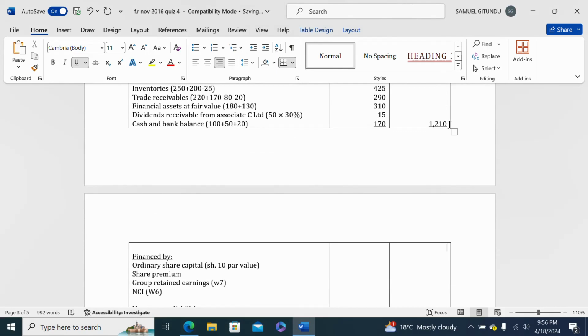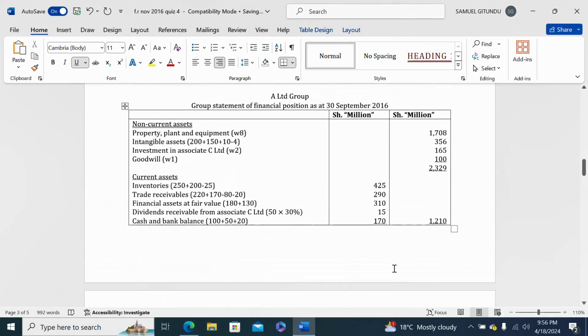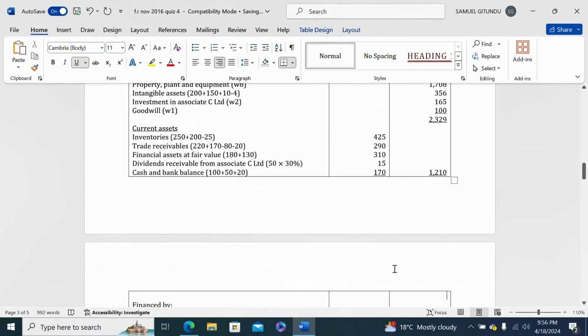That is 1210 plus 2329. We are getting 3539 as the total assets.